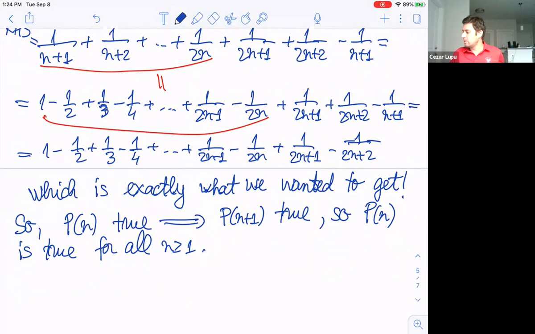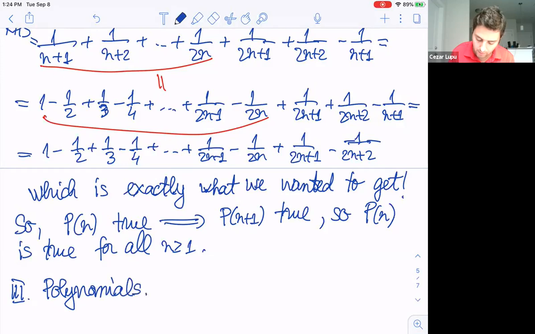Now, since I don't have too much time left, I want to veer towards polynomials at this point. And so the third part, fortunately, I have to run through this material, polynomials. And this is a very important part of this lecture.